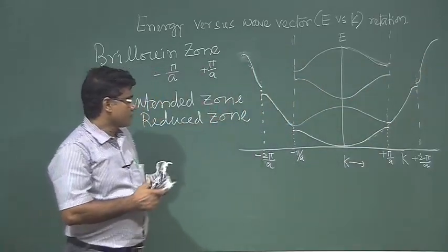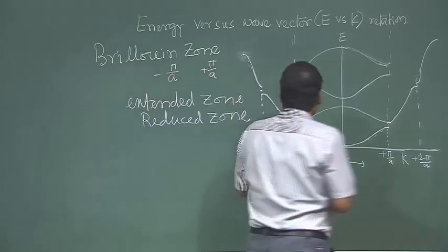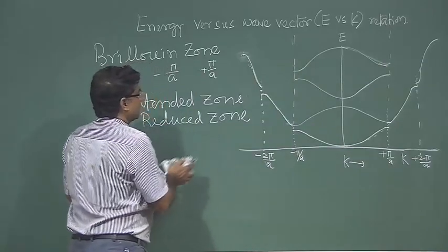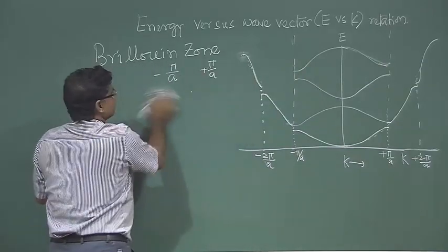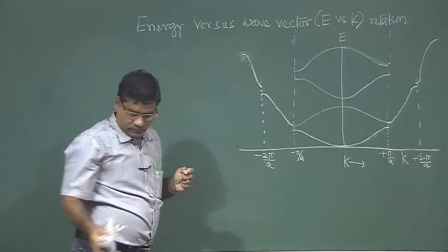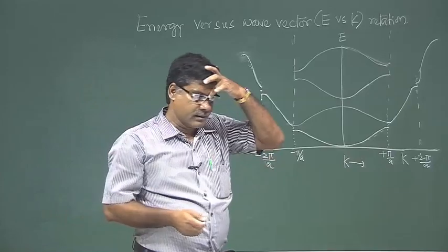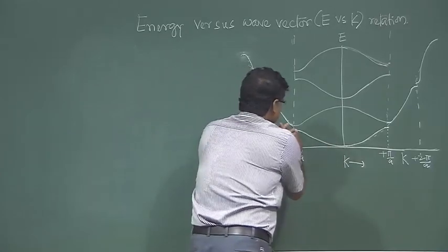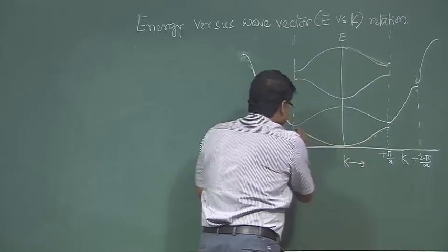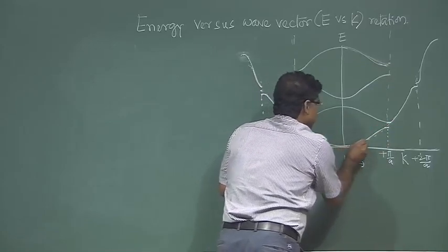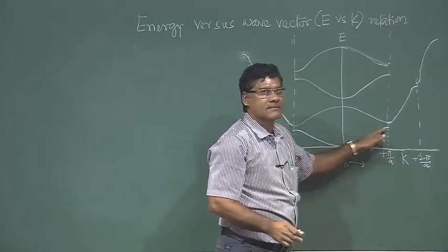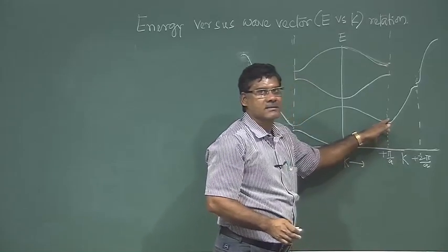Okay. Now what we want to find out is, here you can see in the first Brillouin zone, the k value is continuous, and then here it is discontinuous.